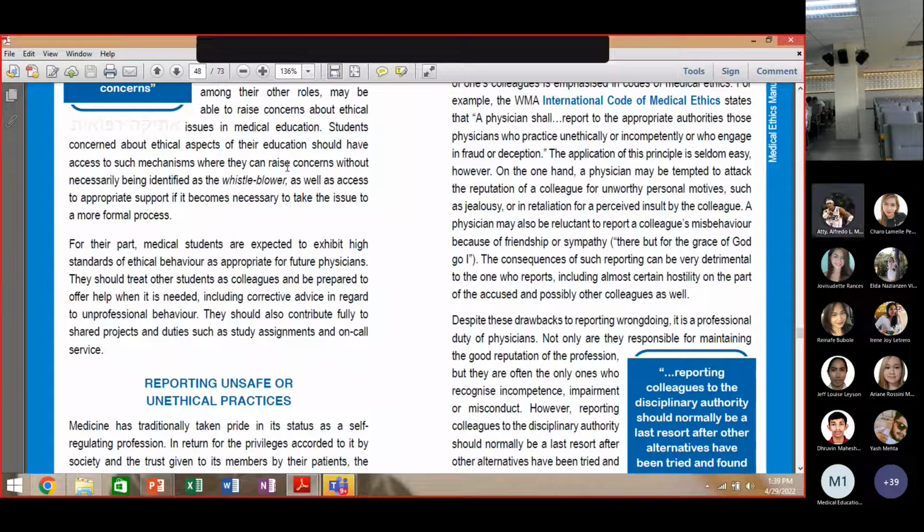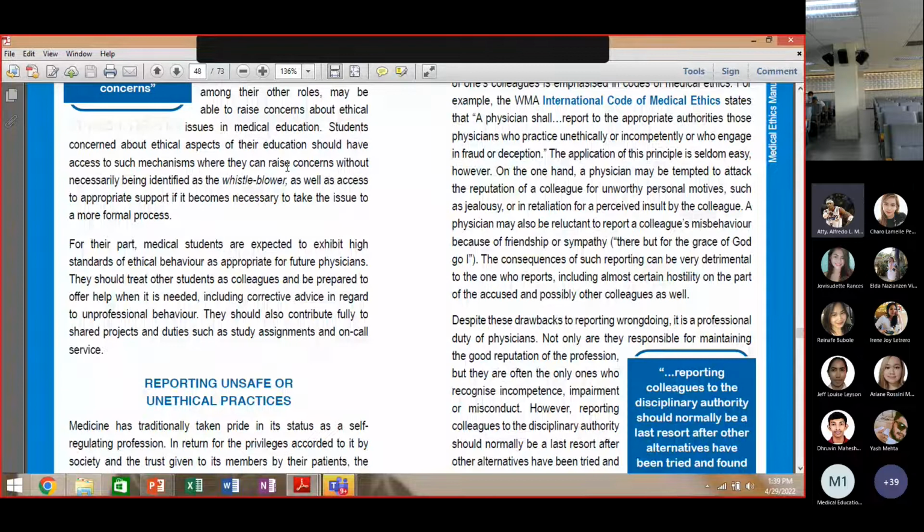So for their part, medical students are expected to exhibit high standards of ethical behavior as appropriate for future physicians. Okay, so of course, all of you will become doctors. All of you, even though not at the same time, but I believe that all of you will become physicians, good physicians.